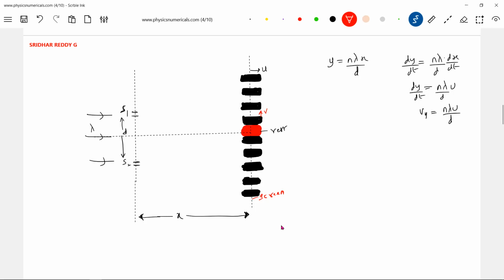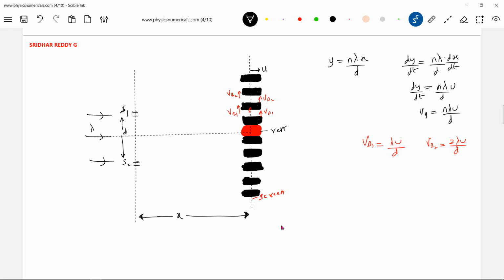Okay, next, the velocity of the next fringe, Vd2, Vd1, Vb1, Vb2. So the velocity of the different orders: the velocity of the first bright fringe should be equal to lambda u by d. Velocity of the second bright fringe, 2 lambda u by small d.